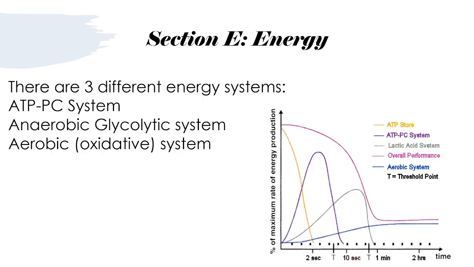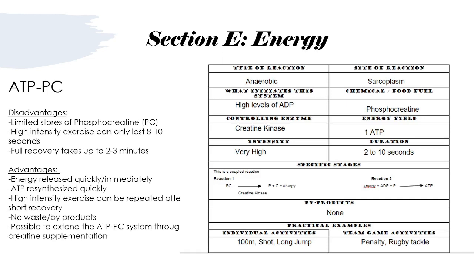There are three different systems: the ATP-PC system, the anaerobic glycolytic system, and the aerobic system. The ATP-PC system is an anaerobic reaction. It occurs in the cytoplasm, it's initiated by high levels of ADP in the body, and the fuel is phosphocreatine.